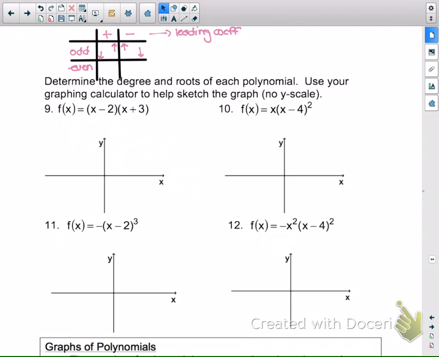There's like math ways to write this that's more technical, but the visual picture usually helps you graph better. If it is even, both ends go the same direction. Even's the easy one to remember, because if it's even positive, both ends go up. Even negative, both ends go down.